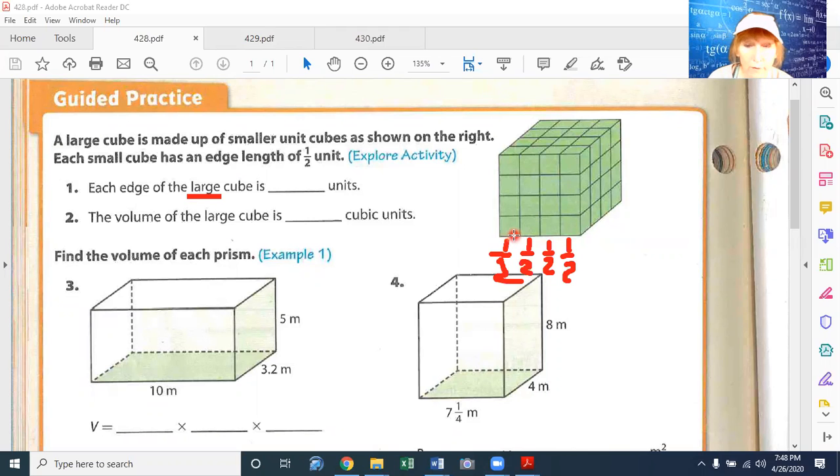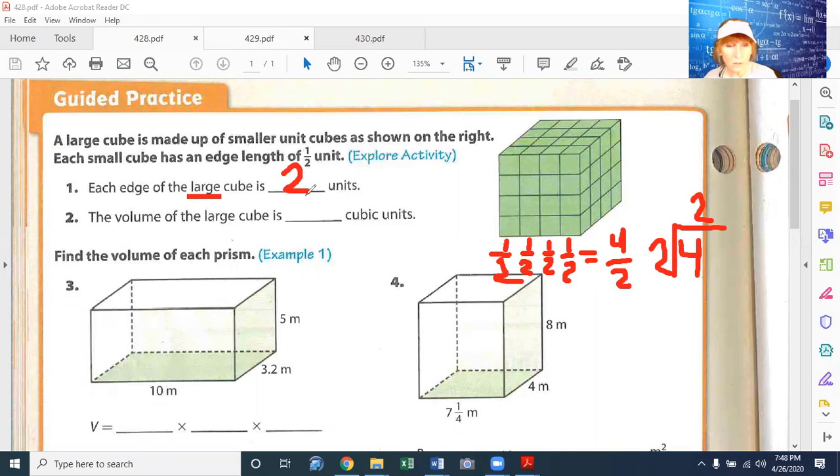Well, that should equal 4 halves, right? And 4 halves is the same as 4 divided by 2. We all know what 4 divided by 2 is. Exactly, it's 2. So the edge of the large cube is 2 units. Very good.